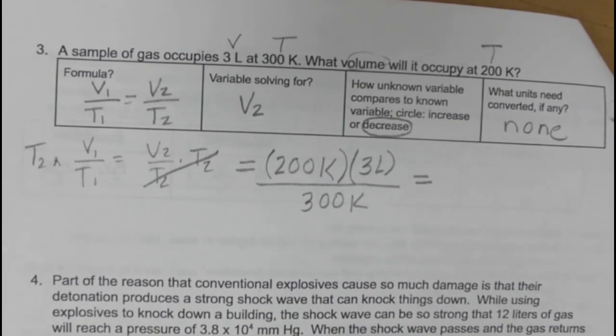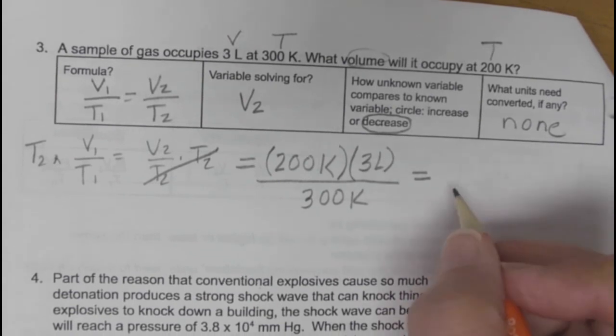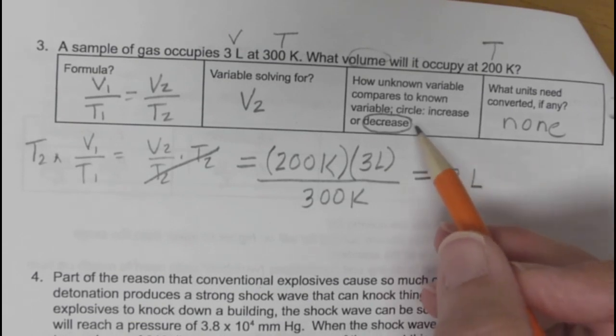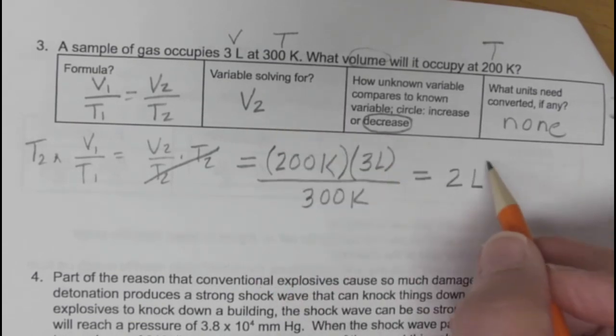So when we put this in the calculator, 200 times 3 divided by 300, you get 2. So 2 liters. And the volume was supposed to decrease, which it did.